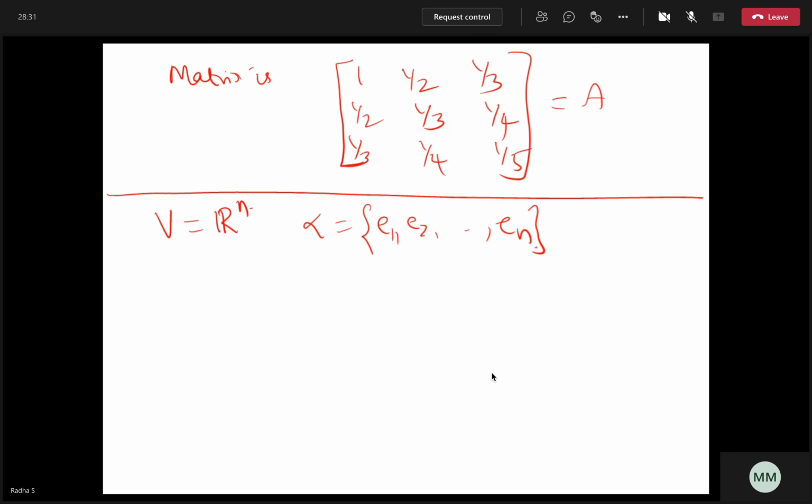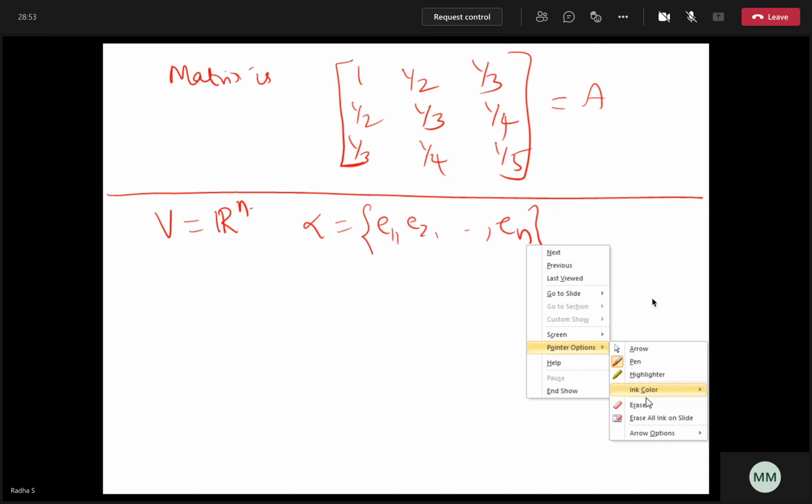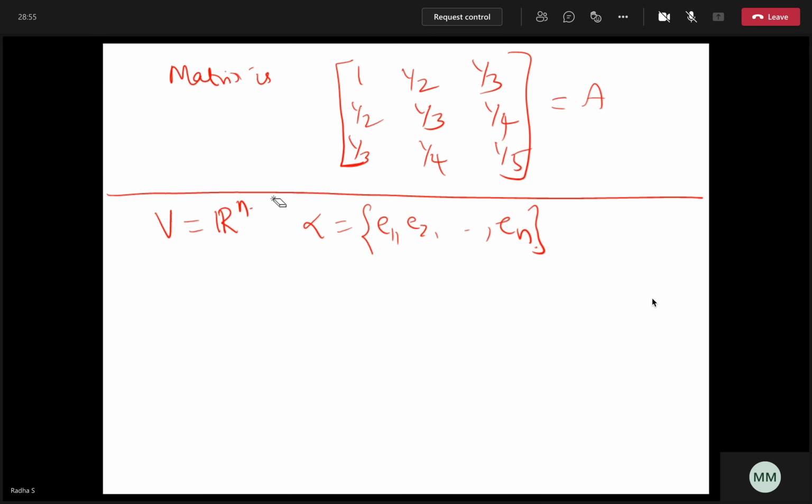What is the standard basis for R cube? Remember: 1, 0, 0; 0, 1, 0; 0, 0, 1. So same way here. So that it will be easy for you to understand, shall I restrict this to R cube? I'll take R cube.